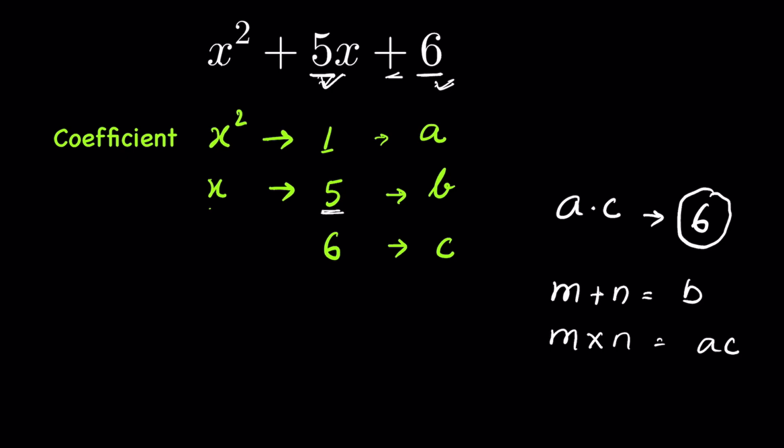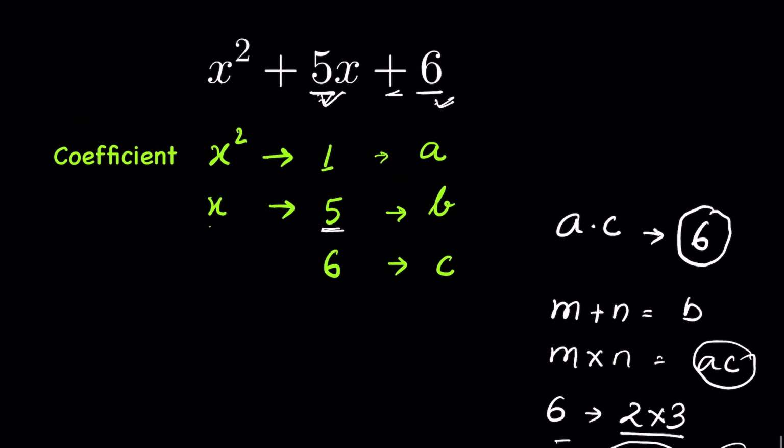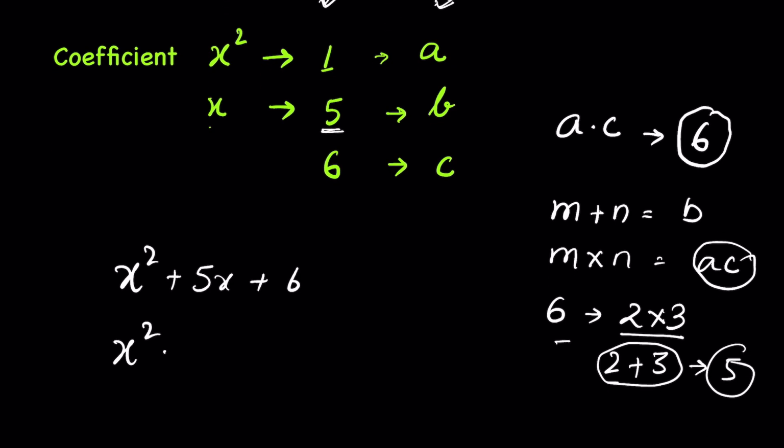Now if you write 6 in terms of two factors, it is 2 times 3, and when you add 2 plus 3, it is equal to 5. So 2 times 3 is equal to ac, here 6, and 2 plus 3 is 5. So we can write x square plus 5x plus 6 as x square plus 2x plus 3x plus 6.